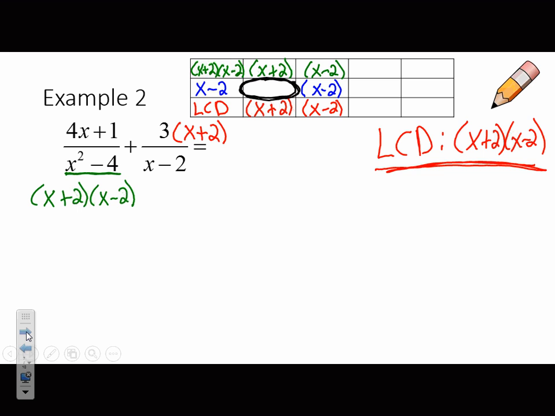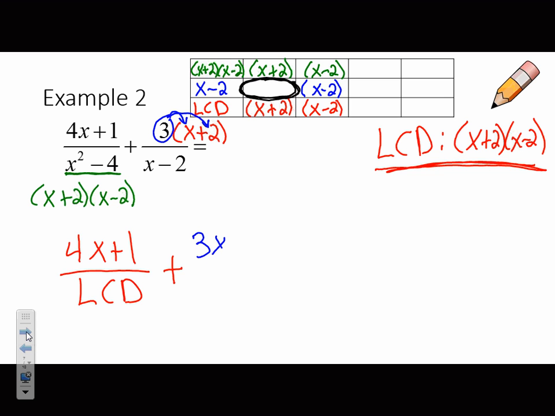So my first fraction is fine, so I'm going to rewrite that as 4x plus 1 all over my least common denominator, plus my second one, I need to go through, distribute this 3 into both of these. When I do that, I'm going to get 3x plus 6 all over my least common denominator. Now, since I have the same denominator, I can add my numerators.